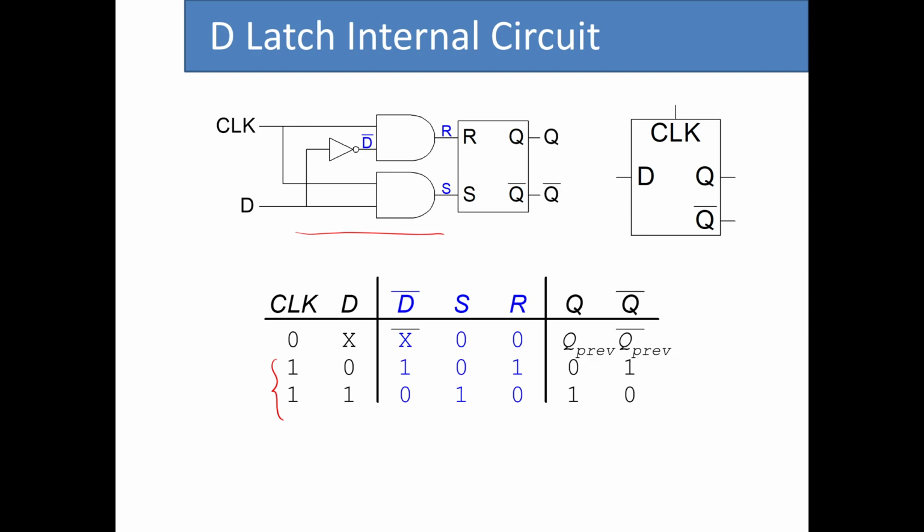clock to be 1. So when we have clock to be 1, as long as clock is 1, whatever change we make is going to be reflected in the output. So let's say we have a clock signal that is basically looking like this.